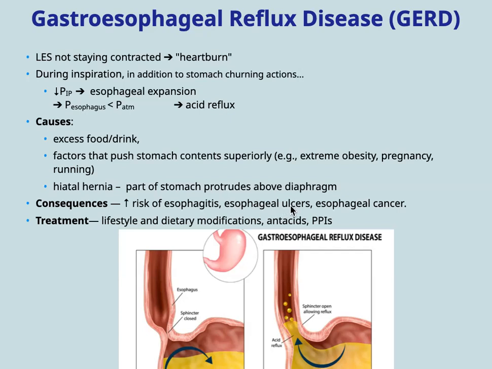But if you were to have chronic recurrence of this, especially chronic ulcers, then it can eventually lead to esophageal cancer. Okay, and the treatment for this condition is mostly through lifestyle modification mixed with dietary modification, and also in conjunction with antacids and proton pump inhibitors.